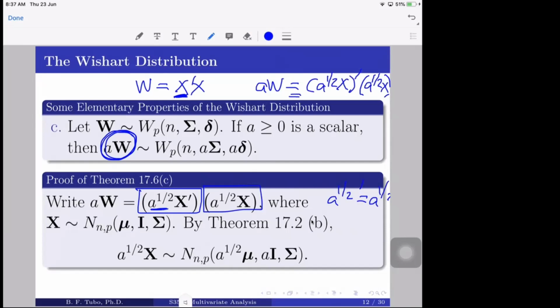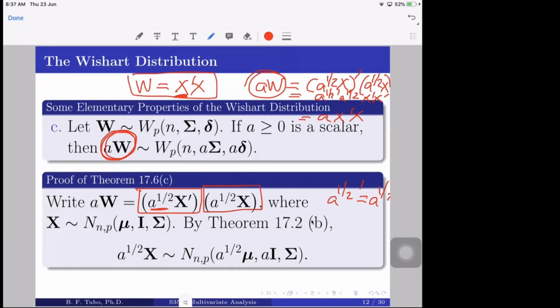So it becomes A to the 1/2 prime A to the 1/2 times x prime x. But A to the 1/2 prime is just A to the 1/2. And then it becomes A x prime x, no? That is what we want, since W is x prime x. Okay, do you get the point? Because that will usually be the technique here, no?